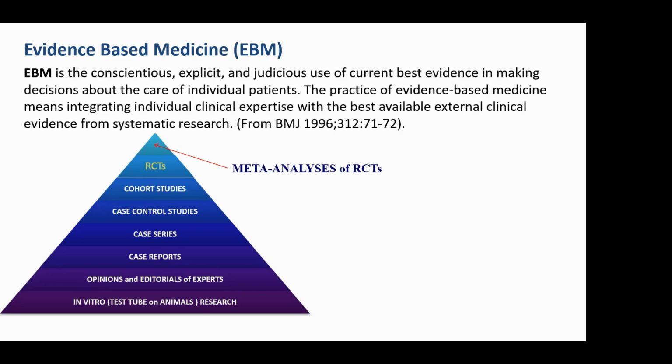In the middle, there are many other types of studies, but among the different kinds, as you may know, randomized control trials, for the way in which they are designed, are among the best.